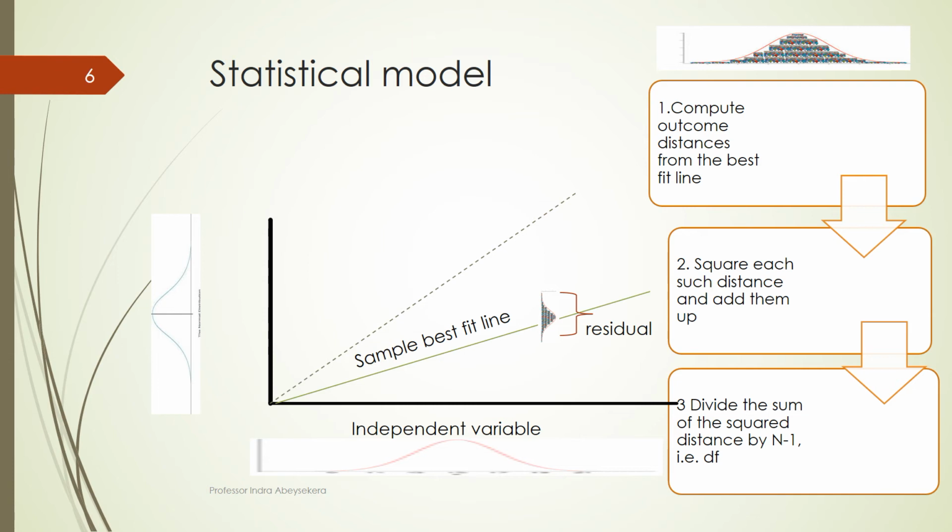But we want to find out what is the average distance, or the mean of the errors that are distributed around the best fit line. So what we do is we take that sum of the squared distances and we divide that by the sample size, but because it is a sample, we divide by the sample size minus 1, which is called the degree of freedom.